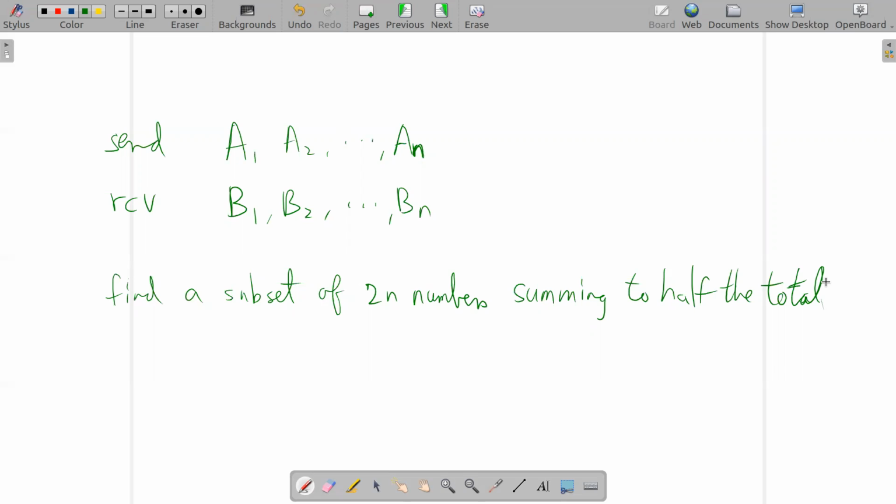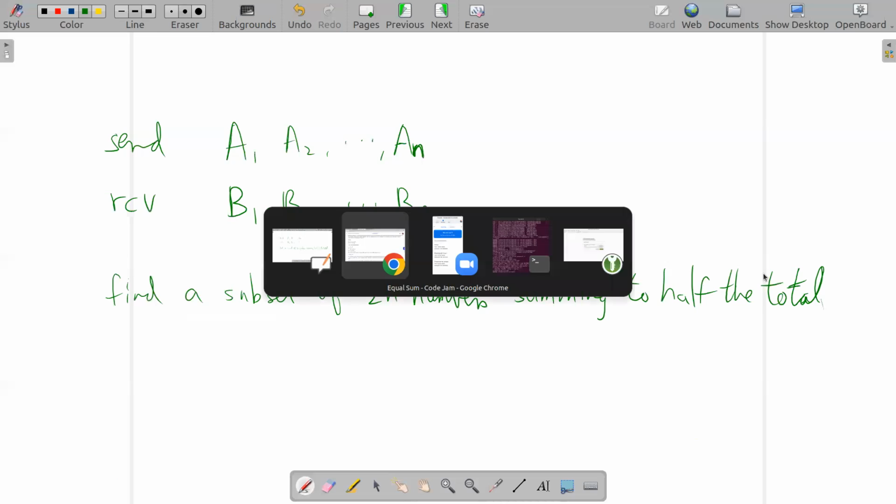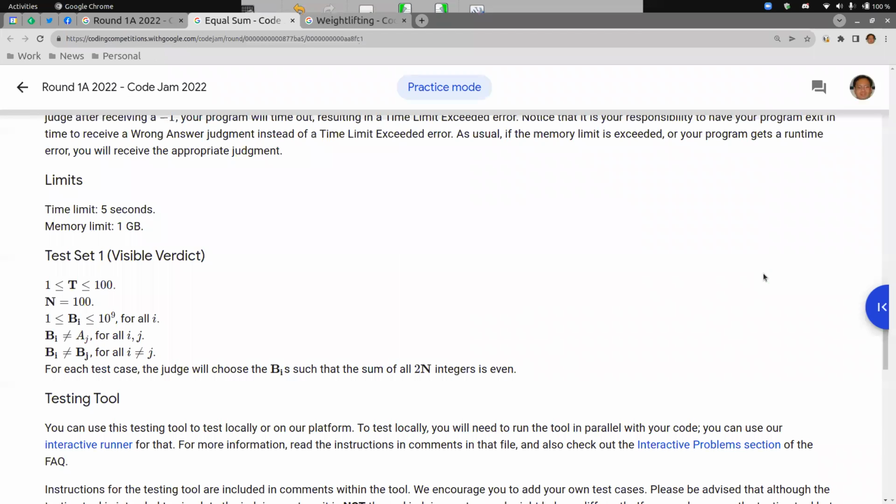Okay, so the only thing that they tell you in the problem statement is that the Bi's they give you will be such that the sum of all the numbers, the ones that they give you plus the numbers that you chose, always adds up to an even number. Now, they did not tell you that that means it's always possible.